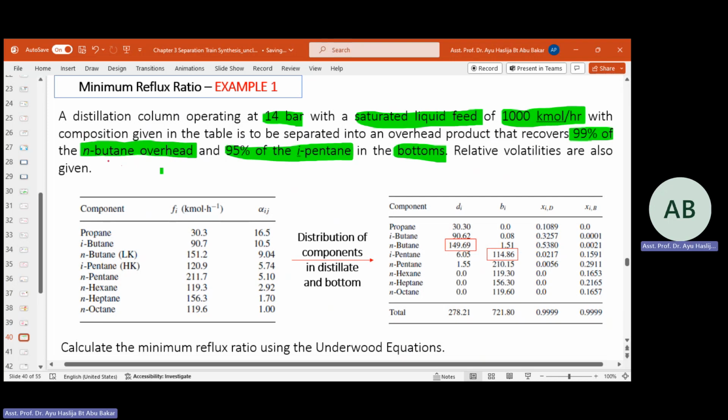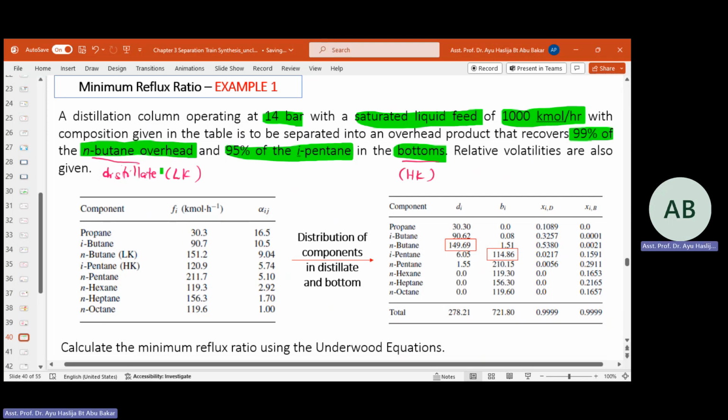Overhead is your N-butane, so this is your distillate. Light key. Top product light key. And then 95% of I-pentane in the bottoms, so this is heavy key.